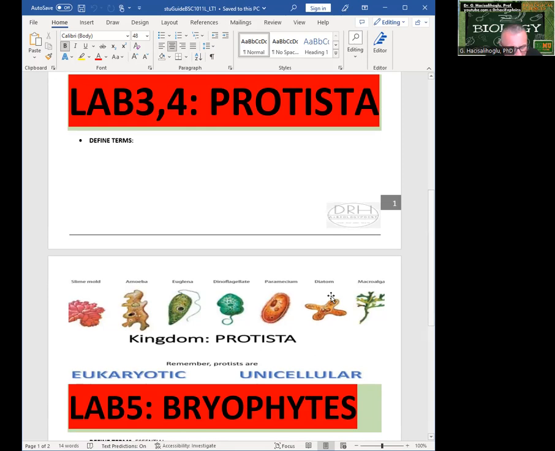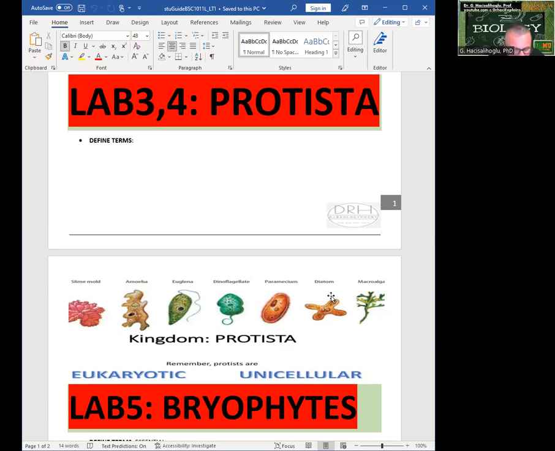Each of these supergroups that we cover under Protista, like Euglena, and how many flagella they have. Flagella is the long, tall one, and cilia is the short, hair-like structure. They might have one flagellum, like Euglena, or two flagella, like Chlamydomonas.